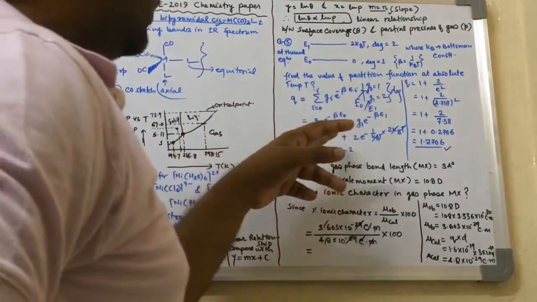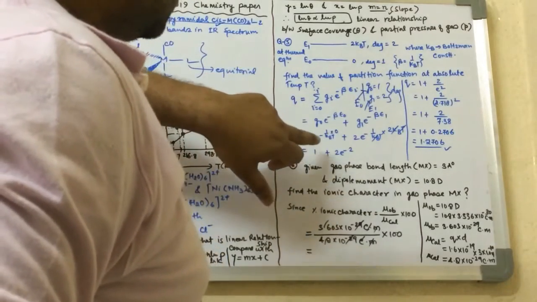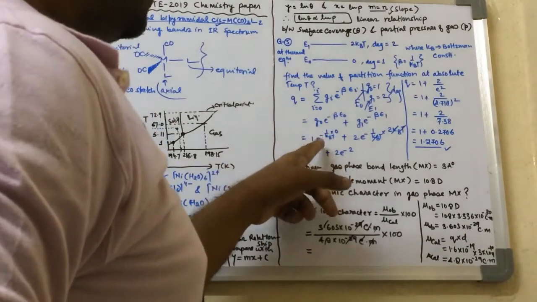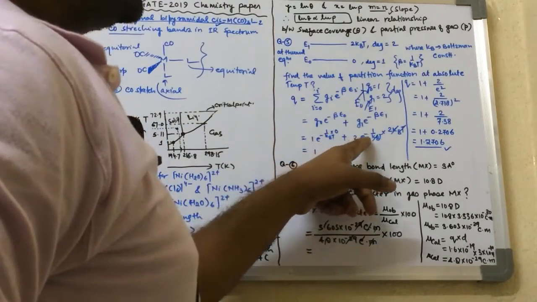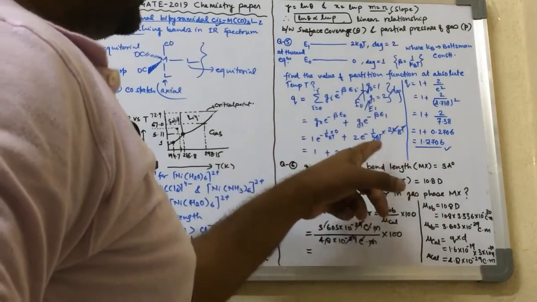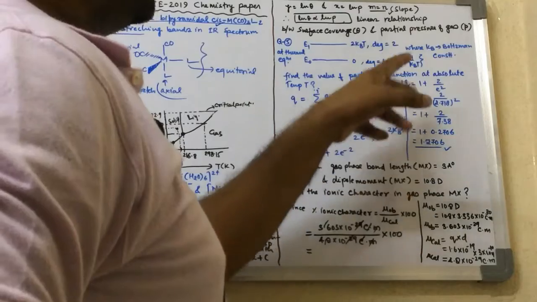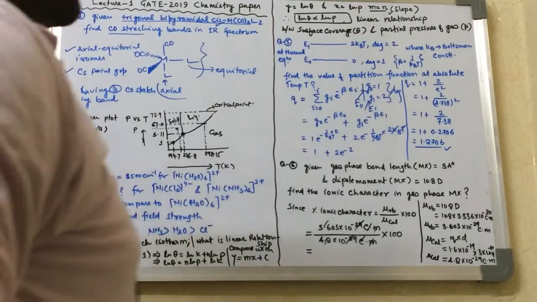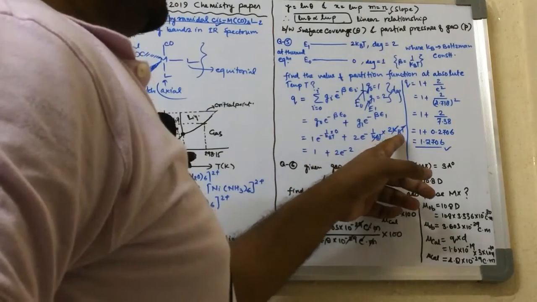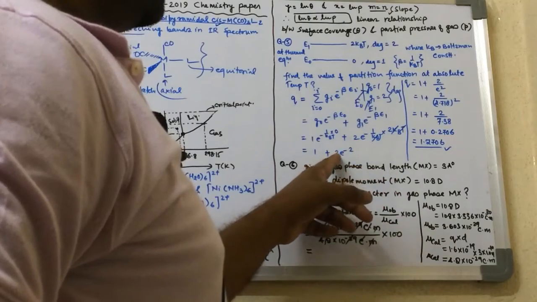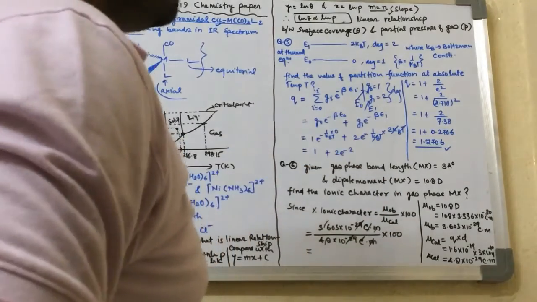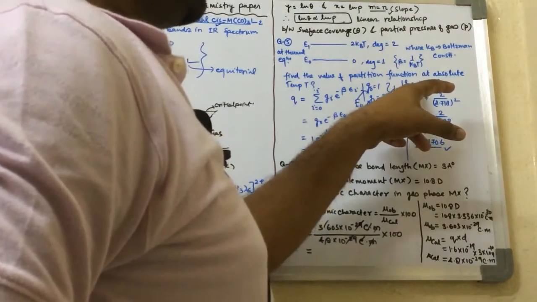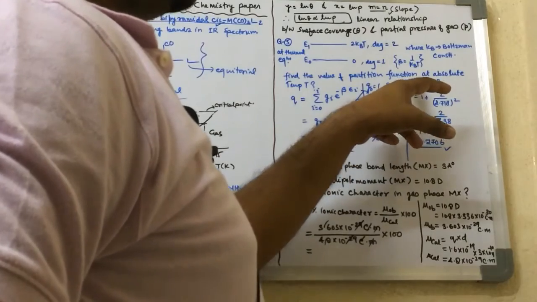If you multiply 0 with any number you get 0, so e to the power 0 will be 1, and this whole term becomes 1. Similarly, beta is 1 upon kBT into 2 kBT, the E1 energy value. So the kBT will cancel out, and you will get only 2 e to the power minus 2.